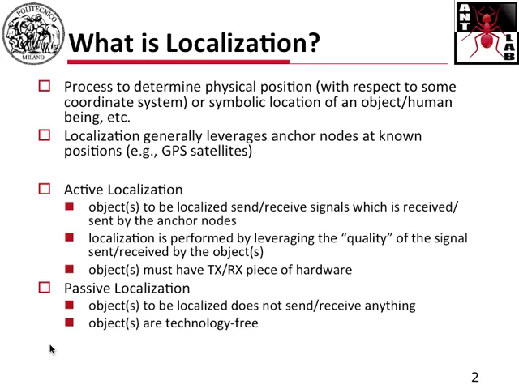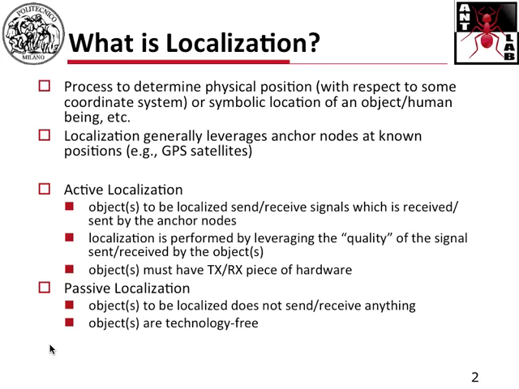That's a general and generic definition of localization. So let's see which are the ingredients of designing any localization system. The first ingredient is the object which is to be localized. The distinction is whether the object or entity to be localized can carry some hardware or not.